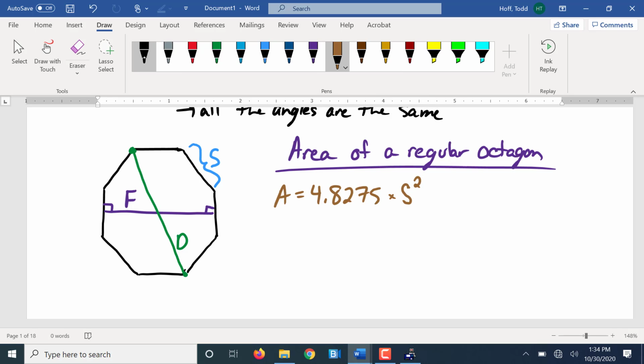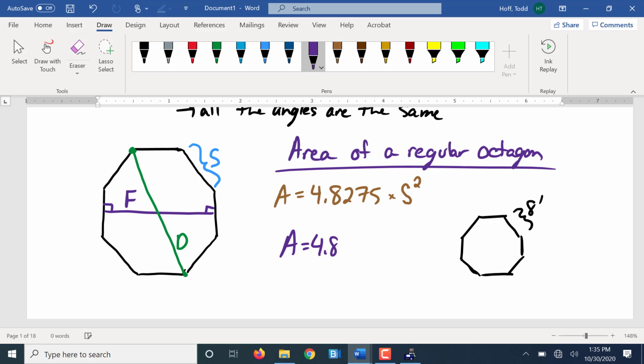So if I have a regular octagon, and let's say the length of the side is 8 feet. So that area is 4.8275 times 8 squared.